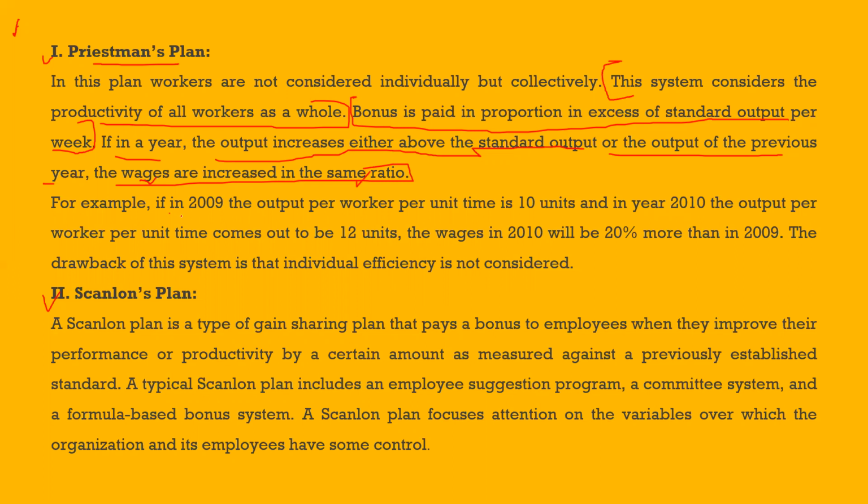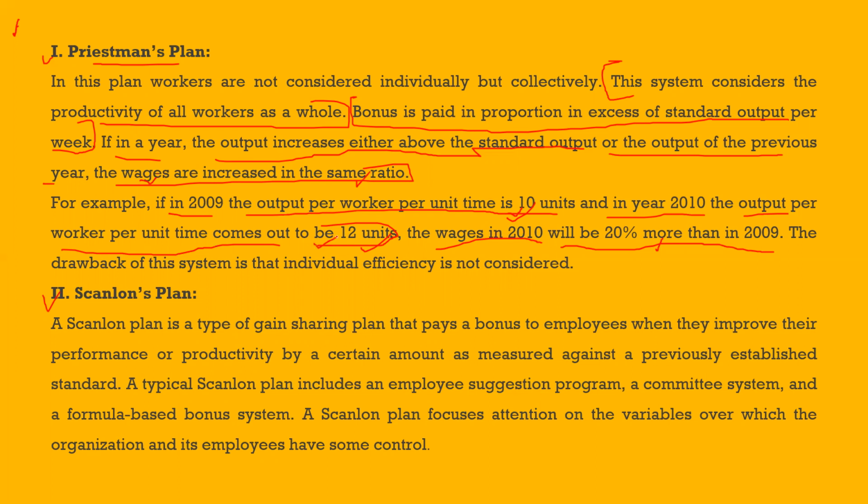For example, if in 2009 the output per worker per unit time is 10 units, and in year 2010 the output per worker per unit time comes to 12 units. Obviously, 12 units is more than 10 units, right? The wages in 2010 will be 20% more than in 2009. In 2009 they were producing 10 units approximately per worker.